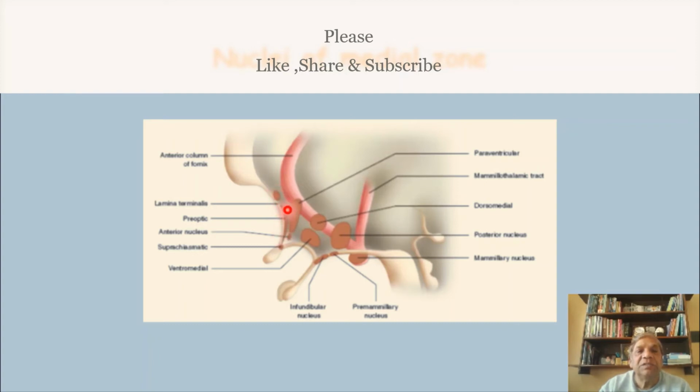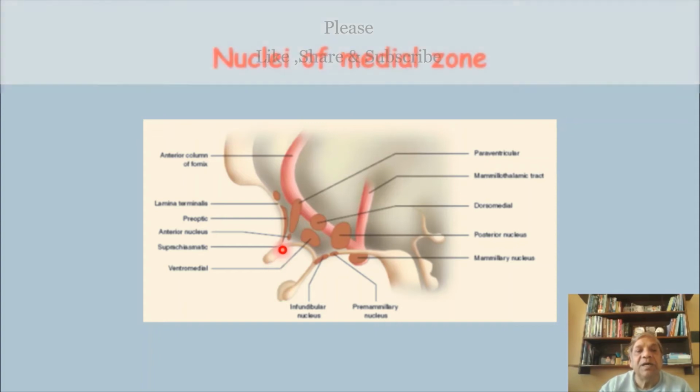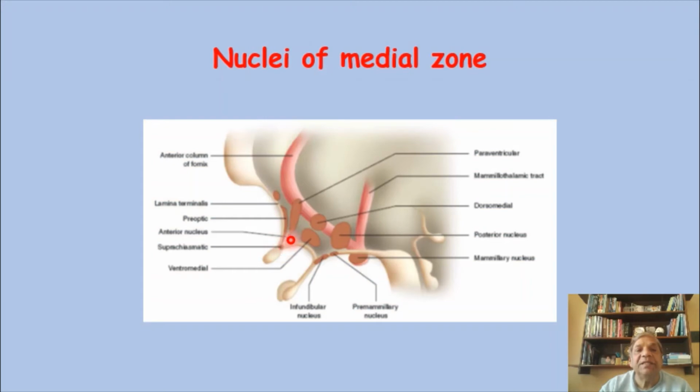So this is the preoptic nucleus, just posterior to the lamina terminalis. Just above the optic chiasma is the suprachiasmatic nucleus. Then there is a small anterior nucleus, and a large vertical paraventricular nucleus here. Then there are the dorsomedial and ventromedial nuclei, because it is the medial subdivision.